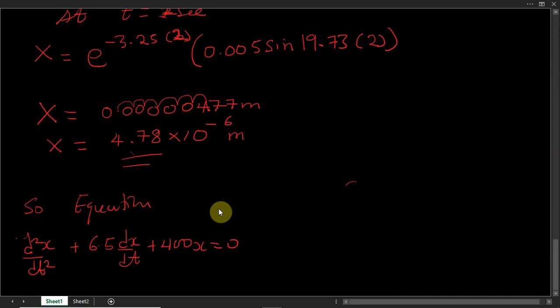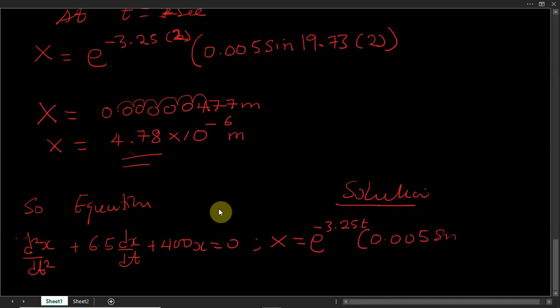And the solution of this differential equation becomes x equals e to the power of negative 3.25t in the bracket of 0.005 sine 19.73t. Thank you.